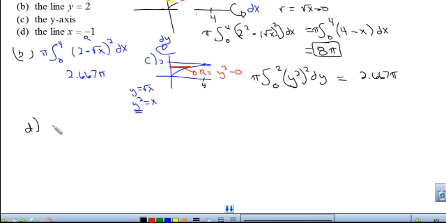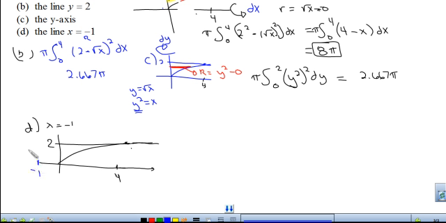And D is the line x equals negative 1. So we want to rotate it around the line x equals negative 1. So we're going to have a dy.